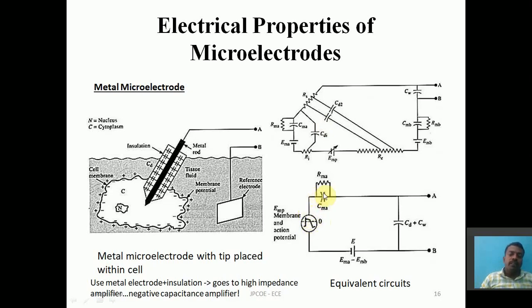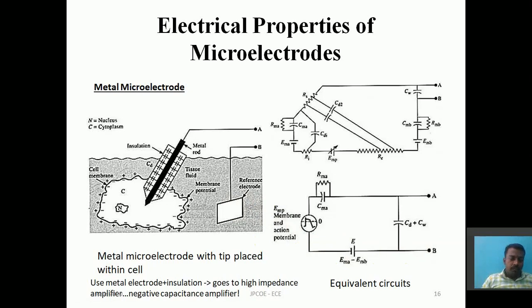This is connected with a resistor, the electrode resistance, and this is the capacitance. That is connected with point A. The other one is the reference electrode, which is actually outside the cell, and it is connected with point B. That is the equivalent circuit of the metal microelectrode.